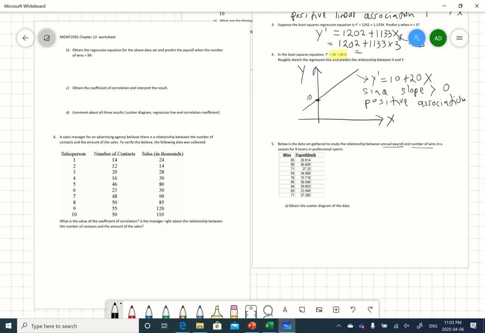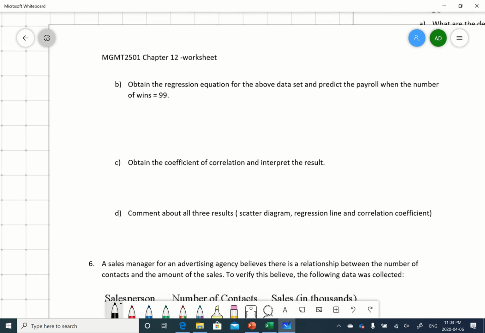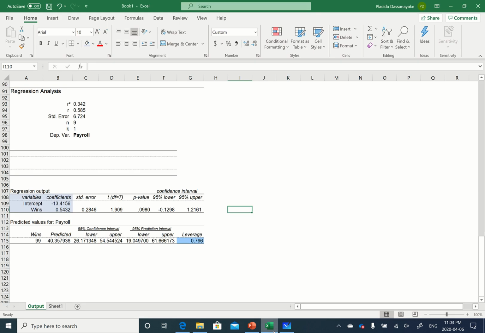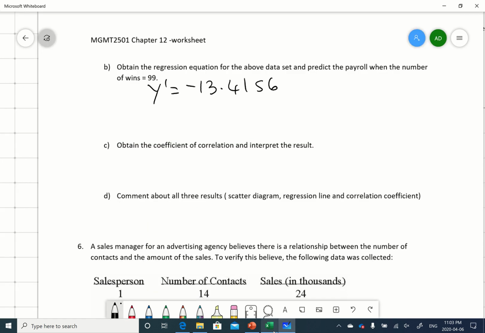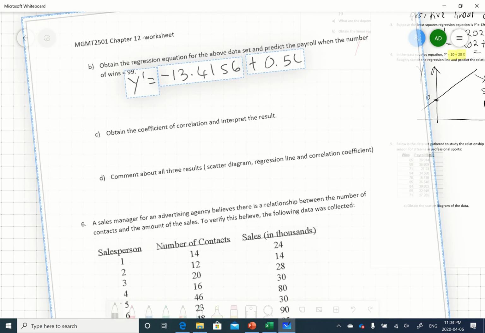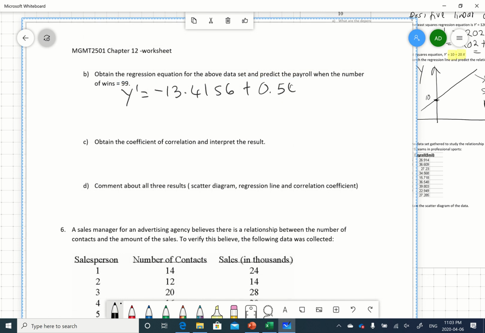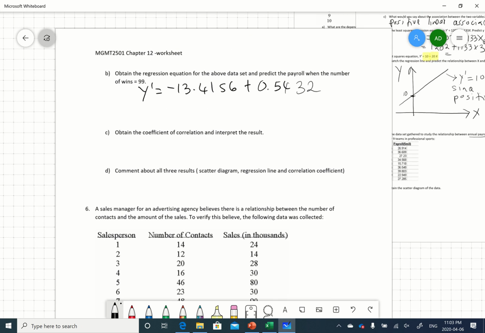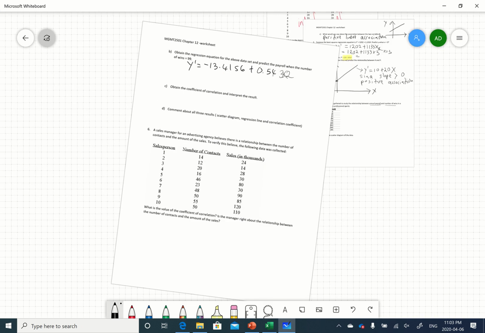So it's y prime equals negative 13.156, that's the y-intercept, plus 0.5432x.